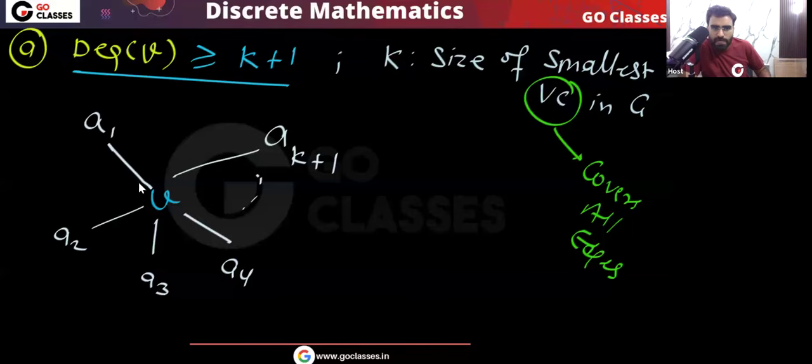Then you tell me one thing. I need to cover all the edges. If V does not belong to the vertex cover, then how to cover this edge? Simple question I'm asking.